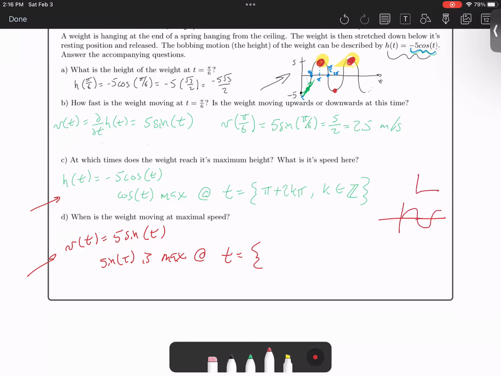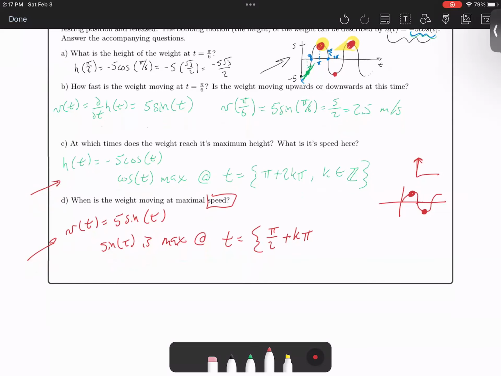Your sine function is maximal at the angle of pi over 2. And if I add k pi to that, then that's going to give me this maximum, pi over 2, and then pi over 2 plus pi would give me that minimum. And for the same reason, if I only want the, oh, actually, it does ask maximal speed, not maximal velocity. So I do want all integer multiples of pi over 2 plus k pi.